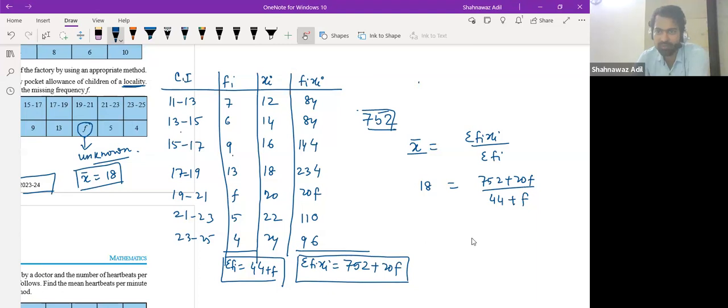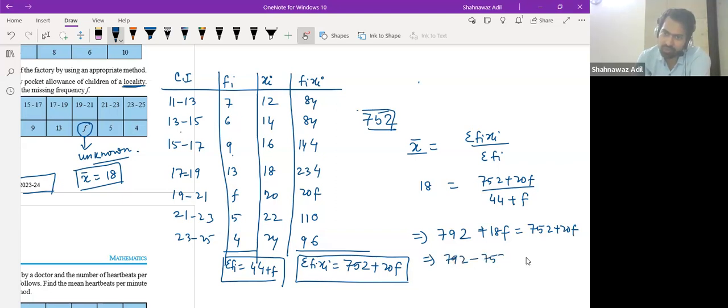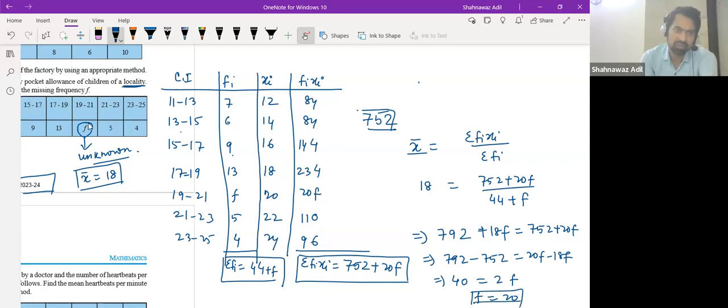So this would be 792 plus 18f equals 752 plus 20f. So 792 minus 752 and 20f minus 18f, so this is 40 and 2f. So f is 20. We have calculated this f. Understood, everyone? Any doubt?